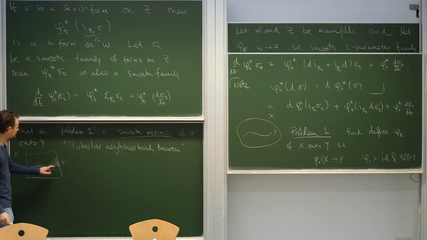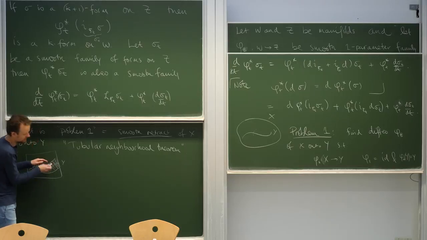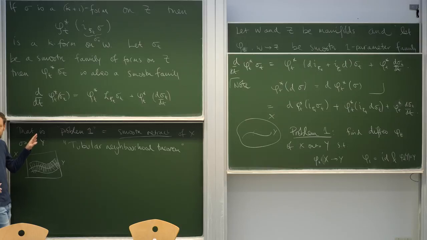Now, because Y is smooth, there's no kinks in here, then if you add together all these little submanifolds that are tangent to the normal vector of Y, then you should carve out a piece of X. And that piece that you carve out should, as long as the length of these pieces aren't too long, be a nice open subset of X. And this is the tubular neighborhood here.